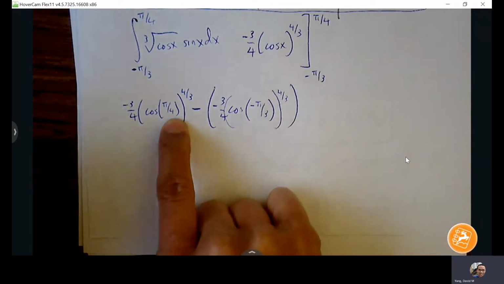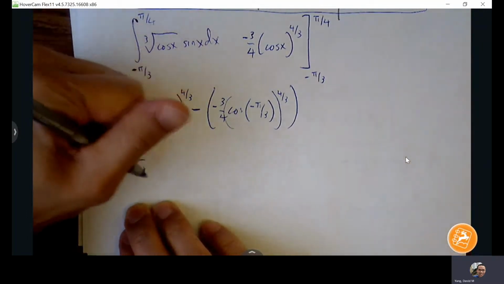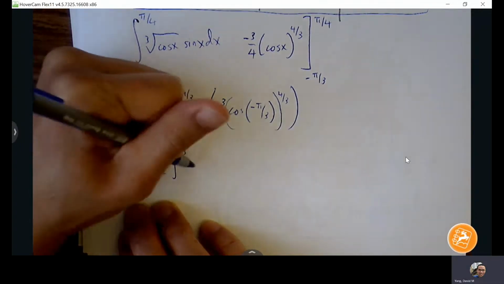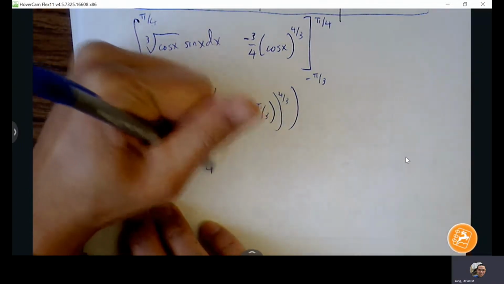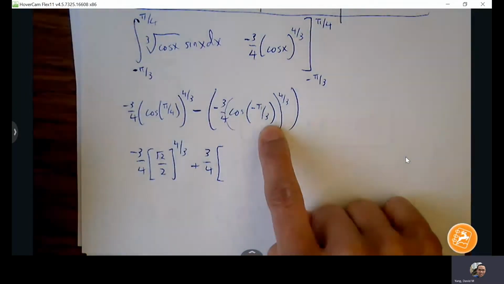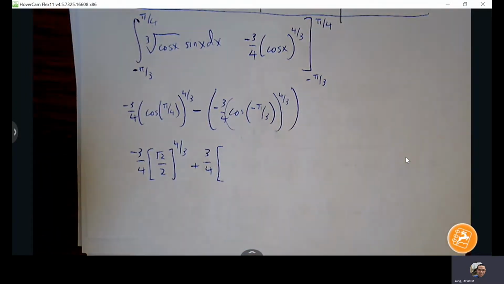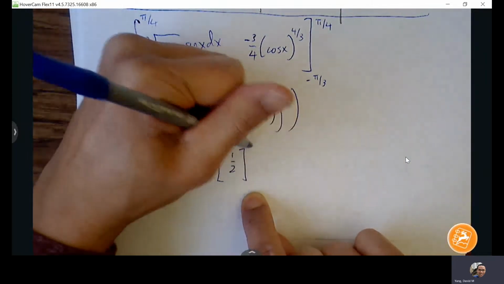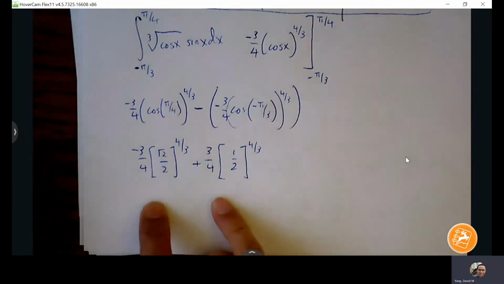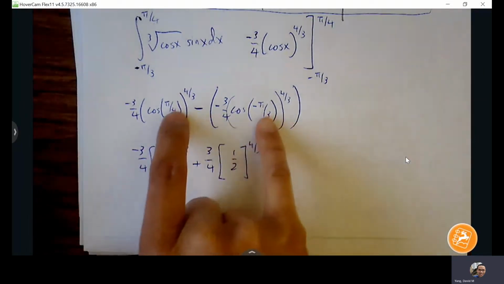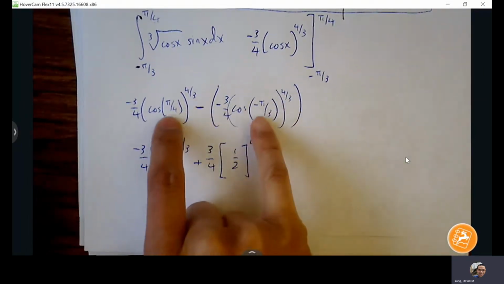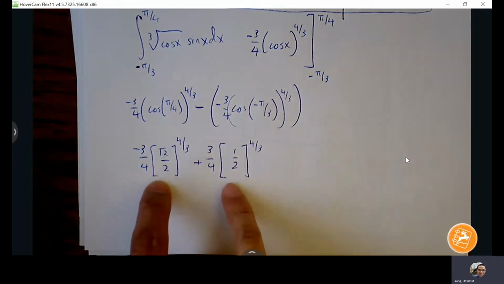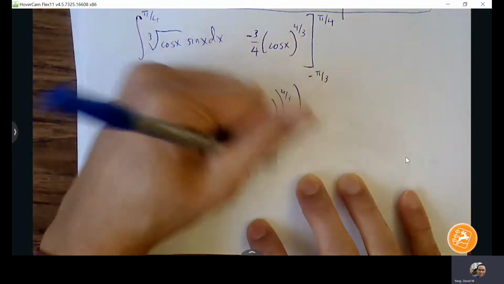Cosine of pi over 4 is √2/2. Cosine of negative pi over 3, the same thing as cosine of 5 pi over 3, which is 1/2. You can leave your answer like this. I just want to make sure you get any trig expression into a fractional value.